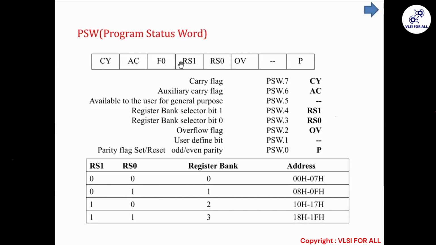Similarly, if I am putting 10 by programming, it means I have to work with register bank 2, means in RAM, address 10H to 17H. H means hexadecimal, right? When I am putting 11 here, I am dealing with register bank 3 and this address.